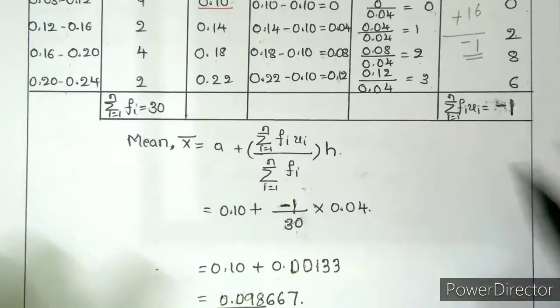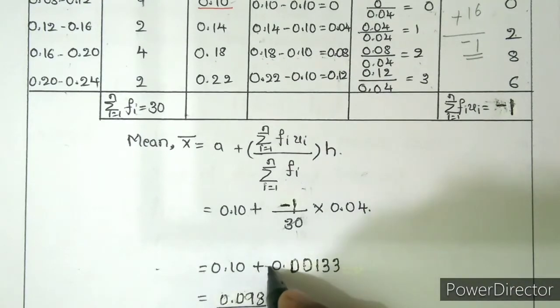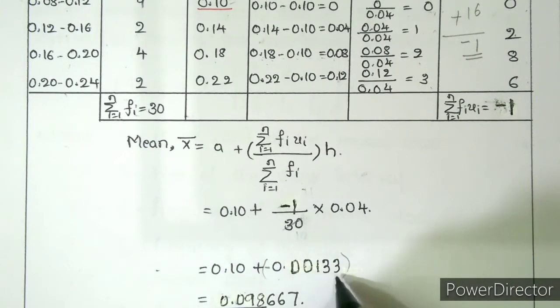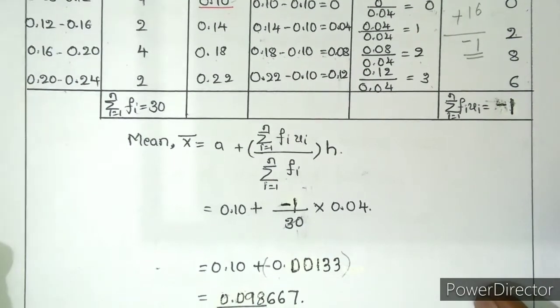So 0.10 minus 0.0133, you get 0.098667. So that is the mean concentration of SO2, that is sulfur dioxide, in the air.